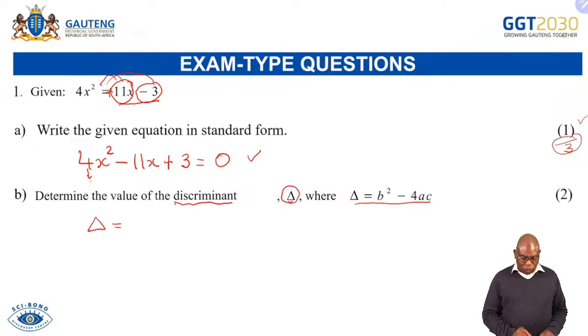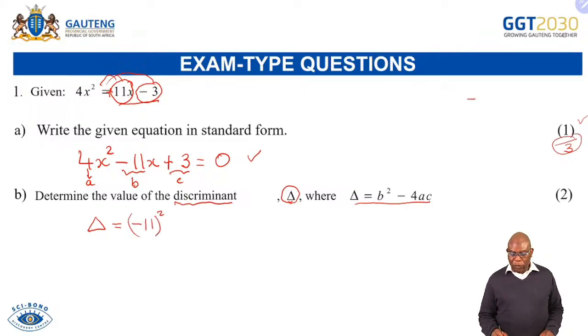I first need to know what is my a, what is my b, what is my c. So first of all, my b is negative 11. I must square it. Please, there is a difference between negative 11 squared and negative 11 in brackets squared. This one is going to be negative 121. This one is going to be 121.